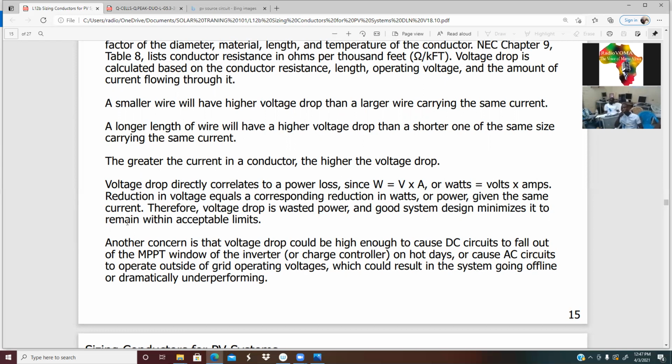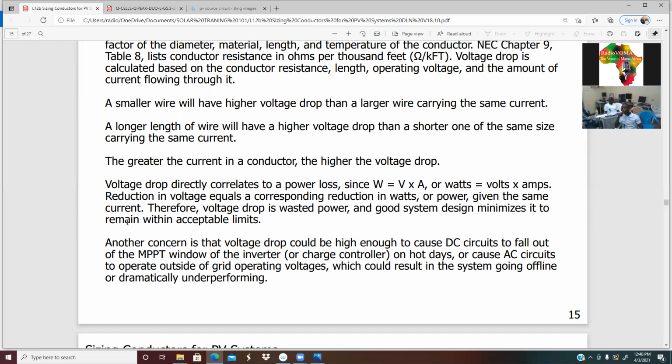So it is a very important aspect when it comes to designing your PV system and installation. You must understand that to choose the appropriate conductor, the appropriate conduit, the appropriate socket for your wiring system. Your conductor, your conduit, and your socket.